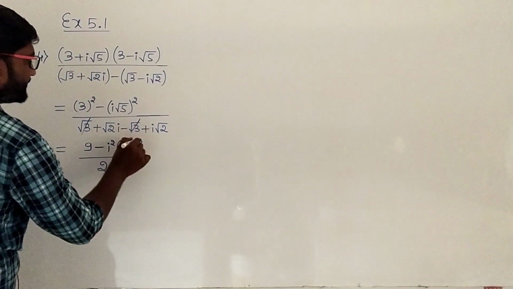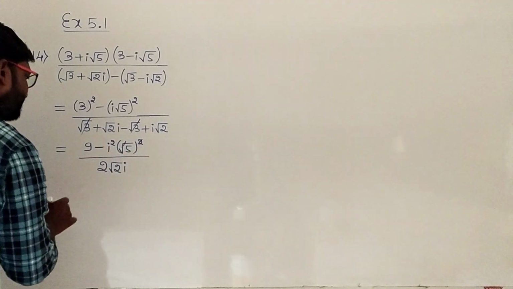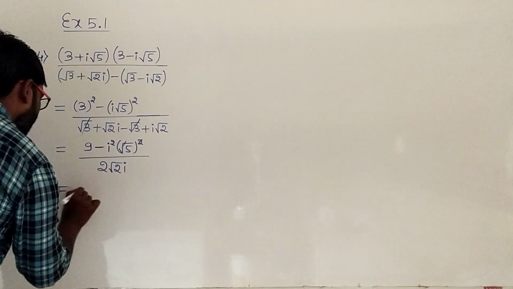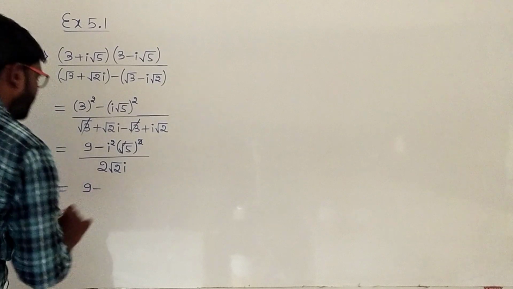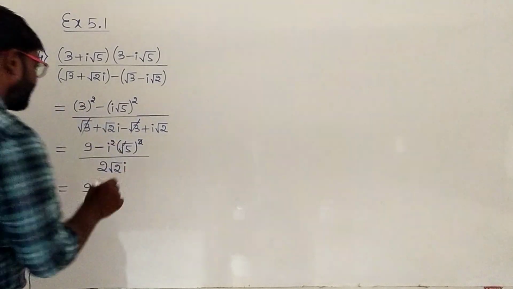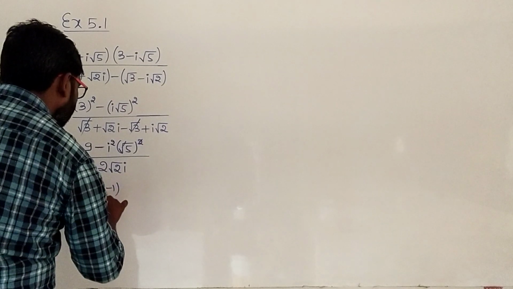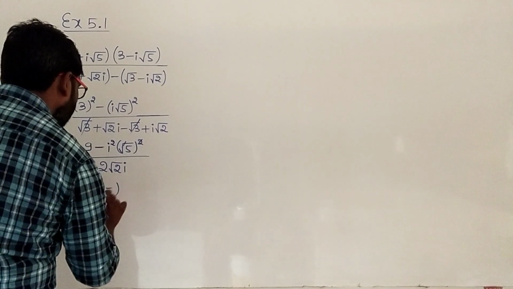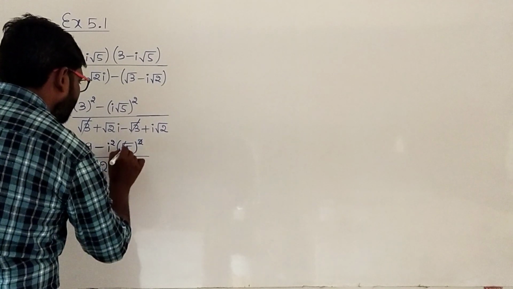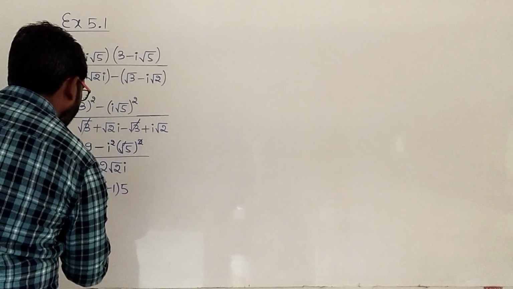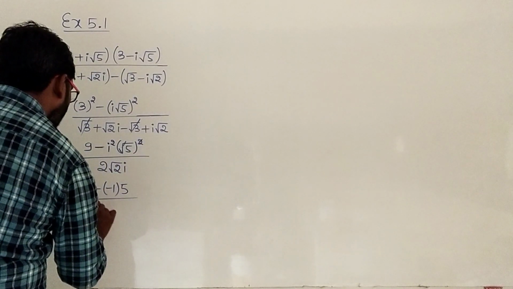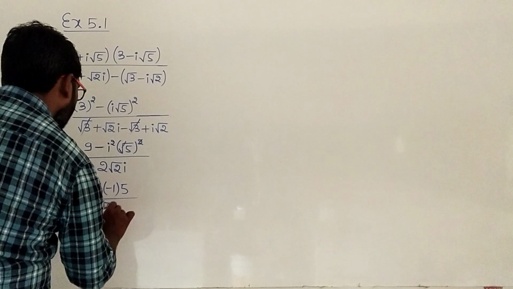Now in the next steps the square and root cancel, 9 then minus i square, it is minus 1, so I write minus 1 into 5, divided by 2 root 2i.